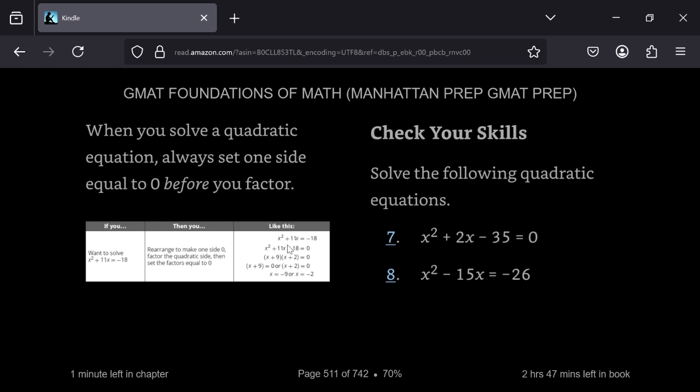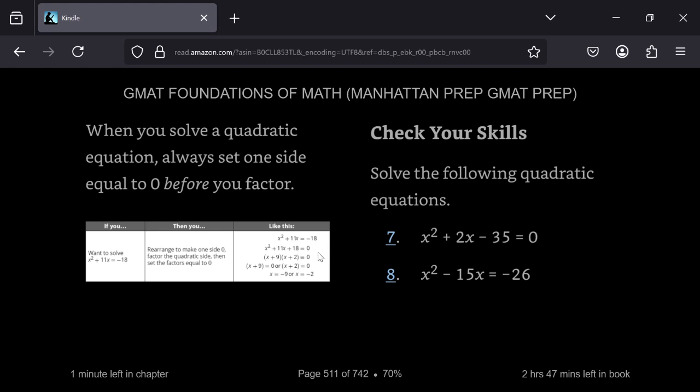Like this, start off with x squared plus 11x equals negative 18. Then we make the right side 0, so we transfer negative 18 to the other side, which gives us x squared plus 11x plus 18 equals 0.